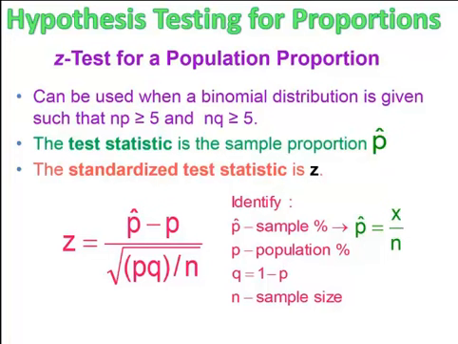It can be used when a binomial distribution is given such that our sample size times the proportion is greater than or equal to 5, and the sample size times the proportion of failure is greater than or equal to 5. If it meets this condition, then you can do the z-test for population proportion.